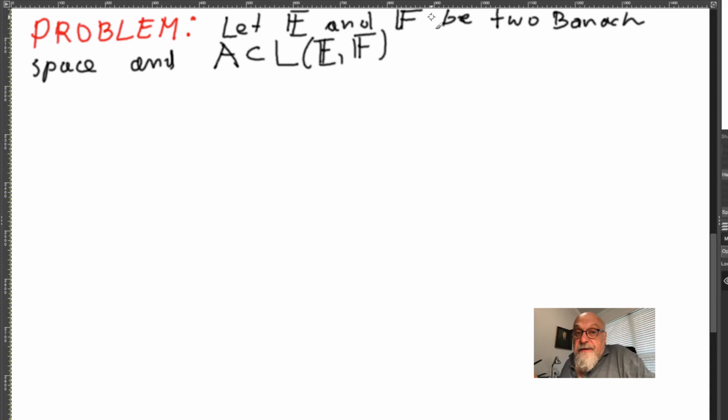That means A is a linear bounded operator, a surjective operator.